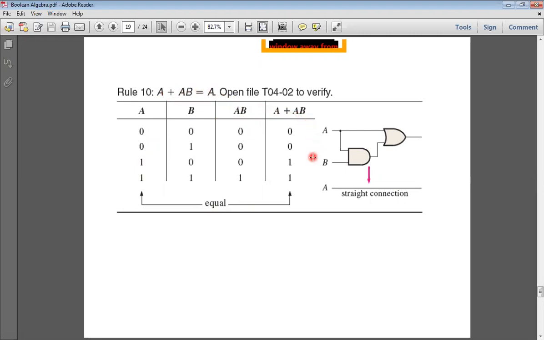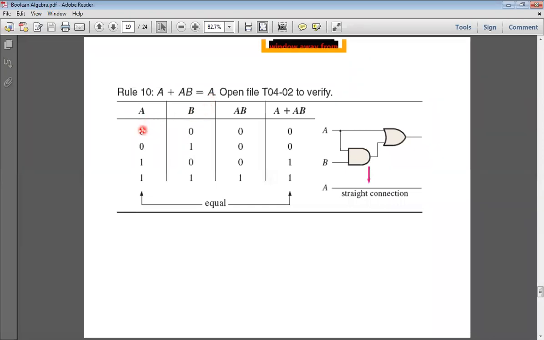You cannot sit down and write all of them to prove or validate this expression. So in Boolean algebra, we may use the truth table way of proving or validating any mathematical equation or expression.